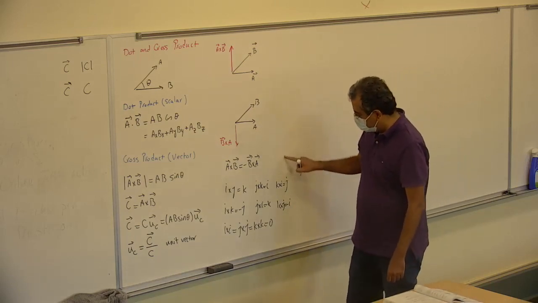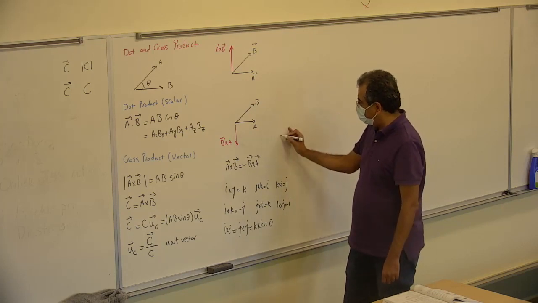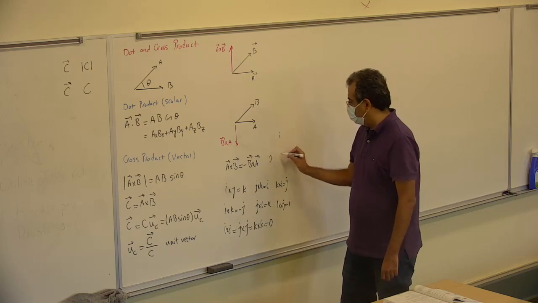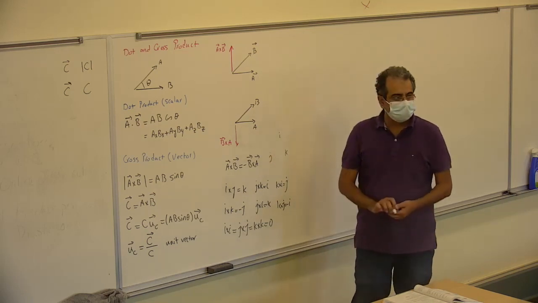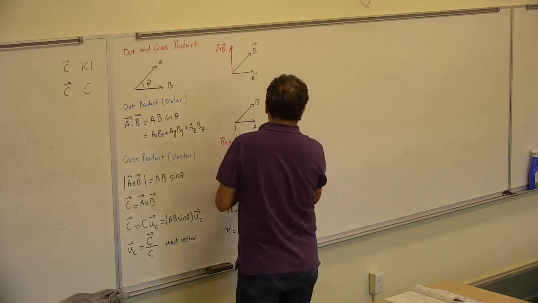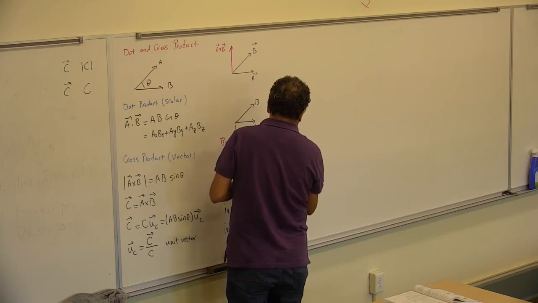So how do you remember that? Assume I have I, J, K. If I go from this side, they are positive.